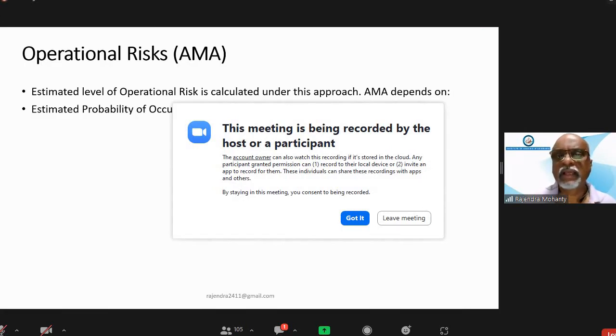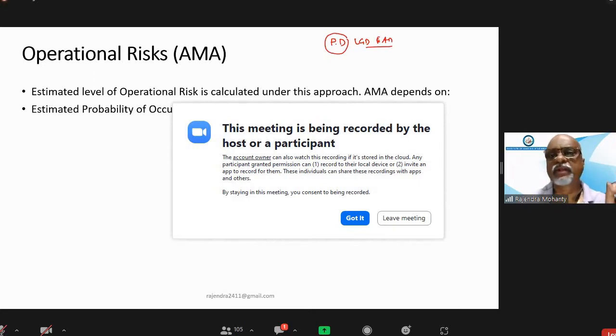Means in credit risk, I think you remember, probability of default, PD, LGD, EAD. We have already discussed that one. So probability of default we have already discussed for the credit risk. So this is somewhat equivalent to that same thing.